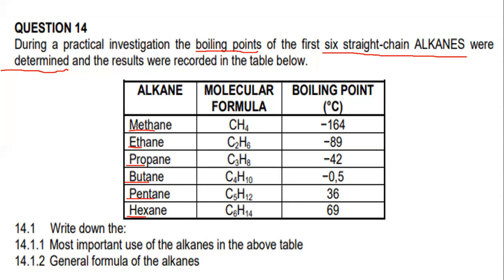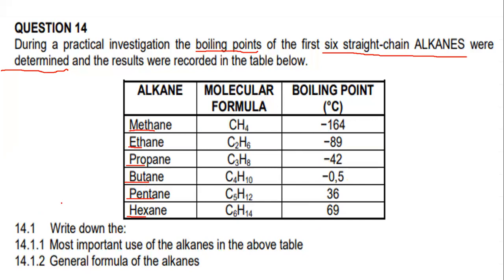And this is what you can establish from this table before you even go to the questions: when the surface area is increasing or when the chain length is increasing, the boiling point is also increasing. So we take note of that. Now we go to the questions.